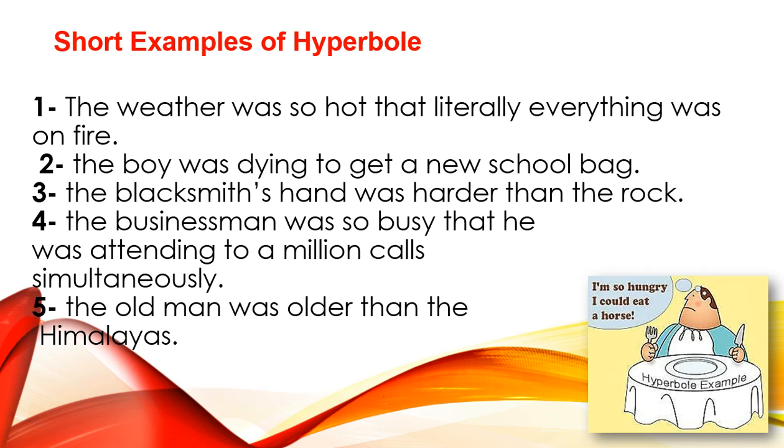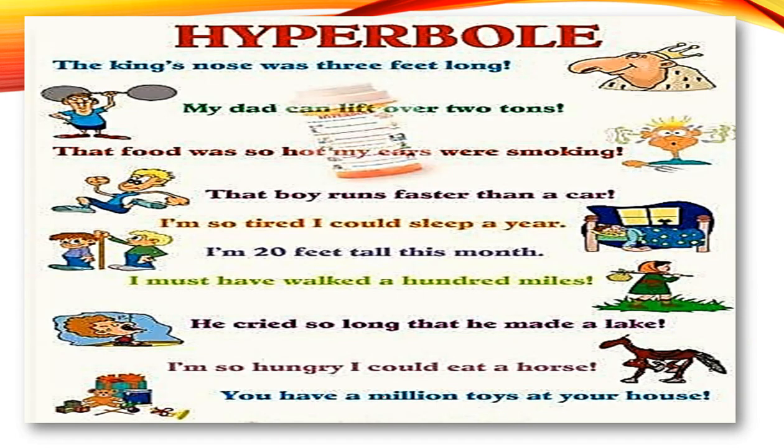The old man was older than the Himalayas. As you have noticed, all the sentences are overstatement or over exaggerated. And here in this tool, we have some examples of hyperbole.